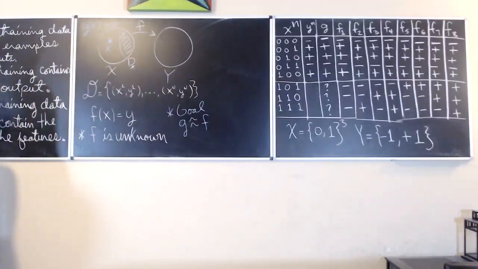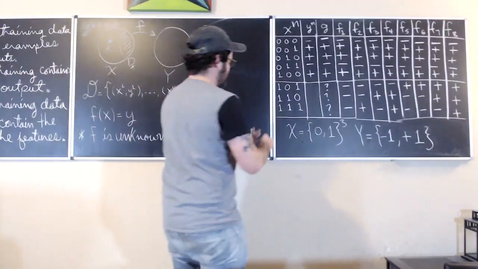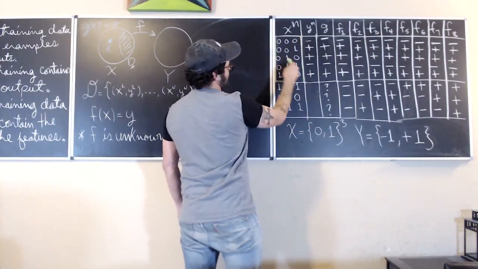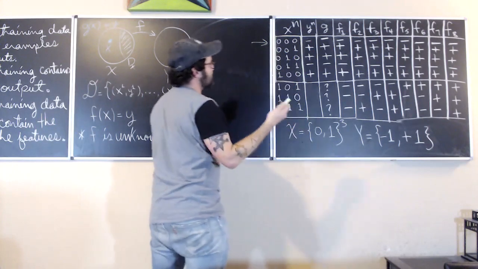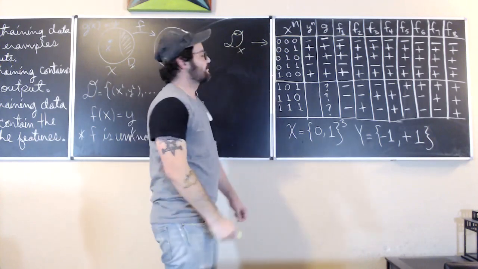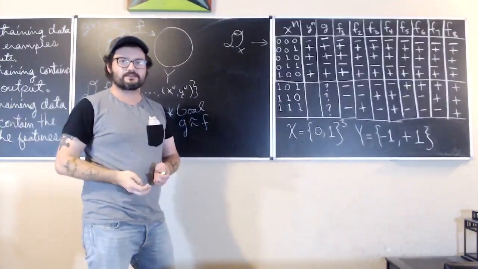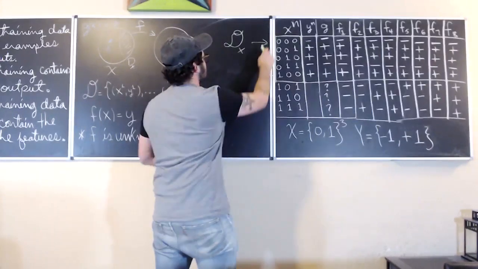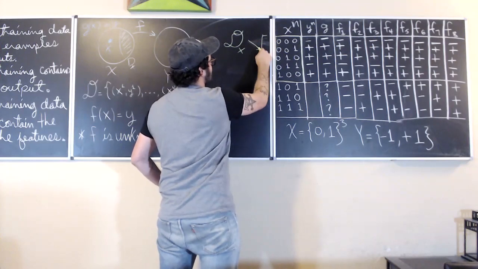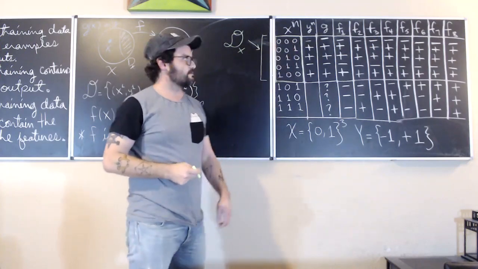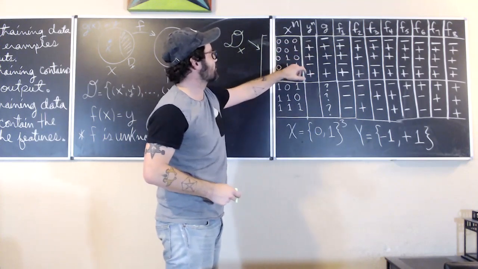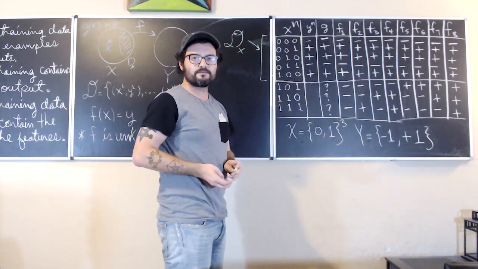Right here, that green box, you can probably not tell it's green, is my set of features in my data set X. So we have 0, 0, 0, 0, 0, 1, 0, 1, 0, 0, 1, 1, 1, 0, 0. Okay?